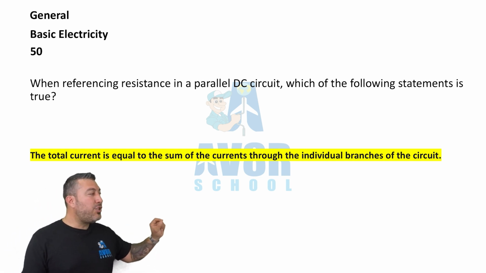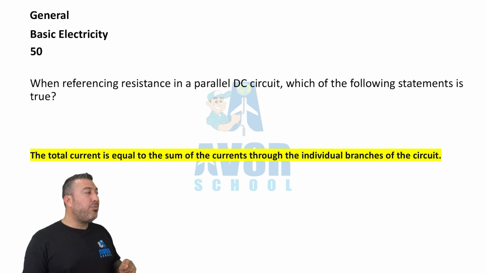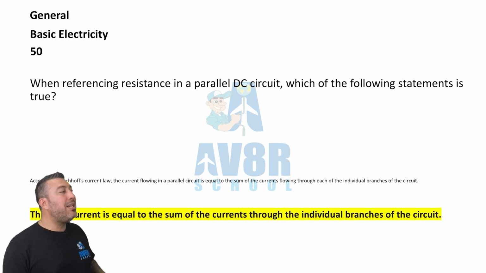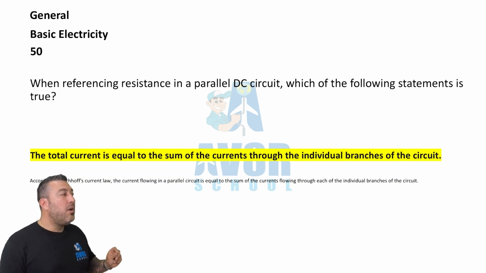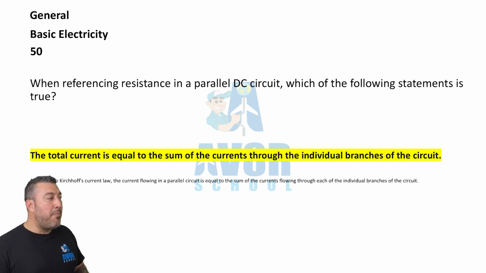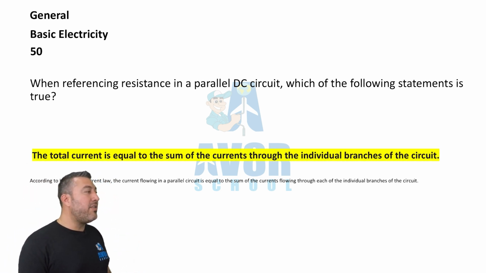The answer is the total current is equal to the sum of the currents through the individual branches of a circuit.